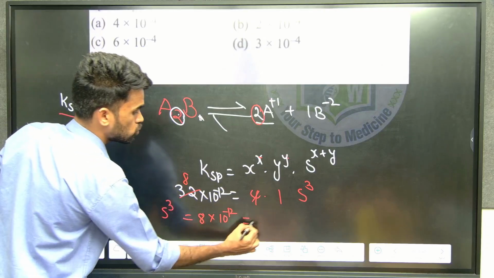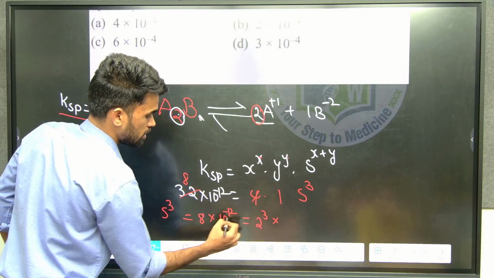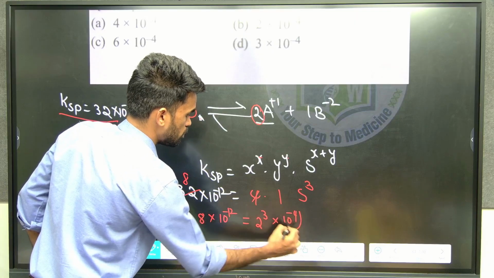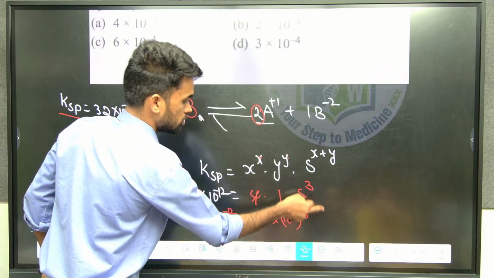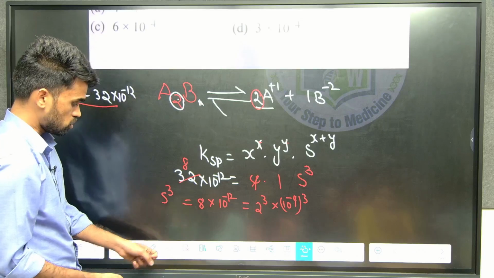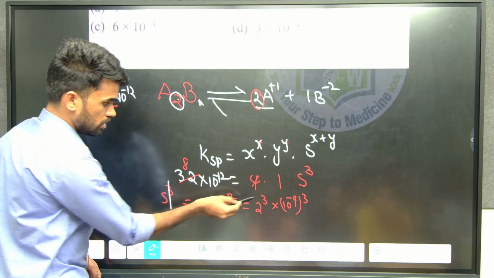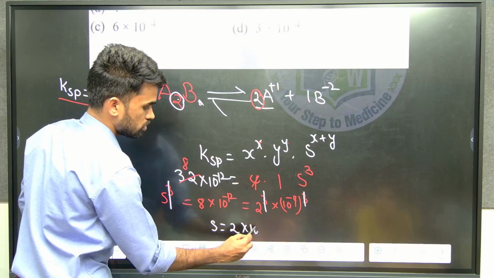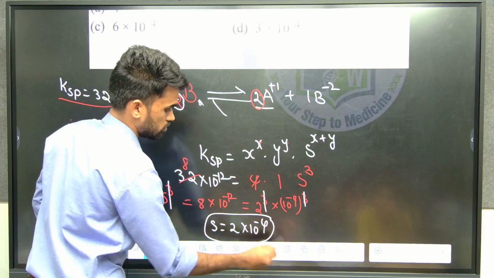Can I write 8 as 2 cube, and 10 power minus 12 as 10 power minus 4 to the power 3? So I can remove the cube on each side. So s will be 2 into 10 power minus 4. This is your answer for the question.